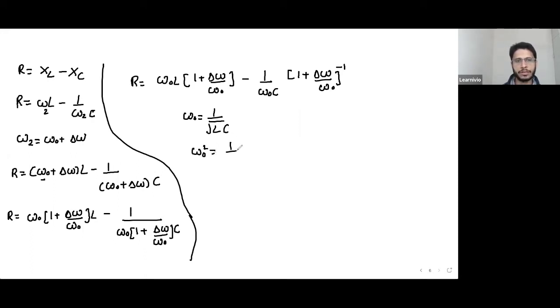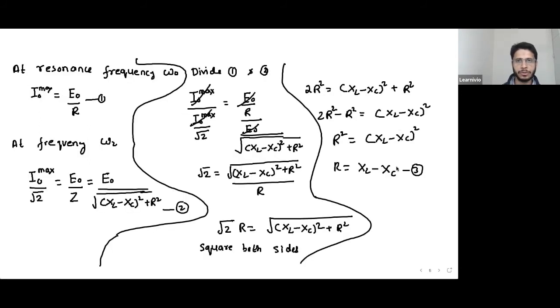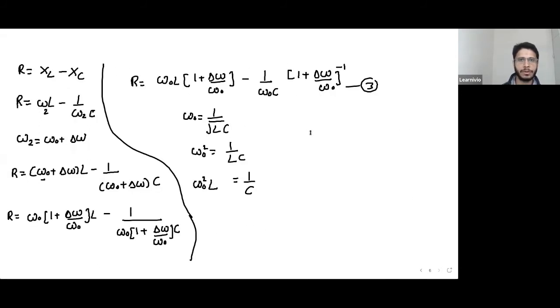Omega naught square is 1 by LC, and you can say that 1 by C is omega naught square L. I call this as equation number 4, and this is equation number 5.